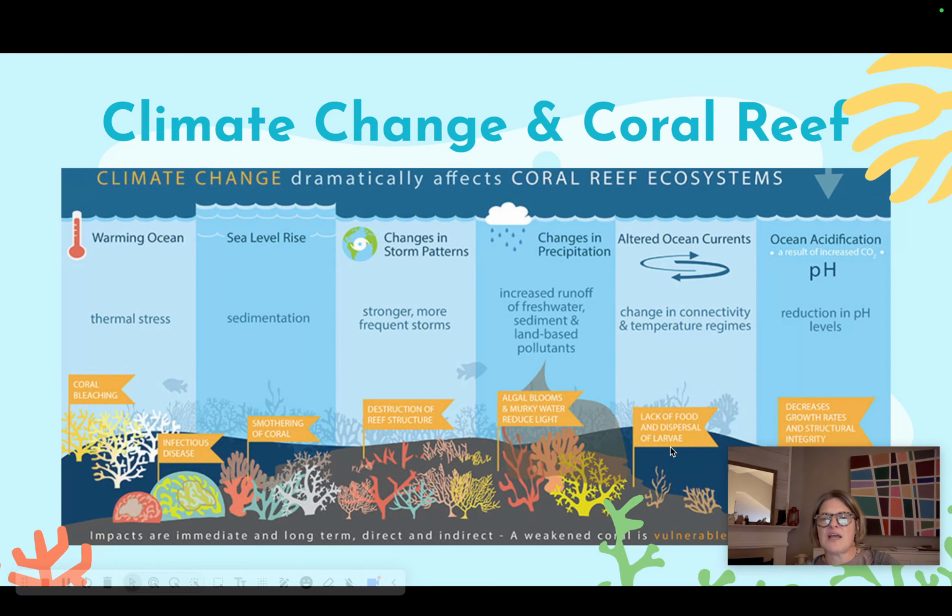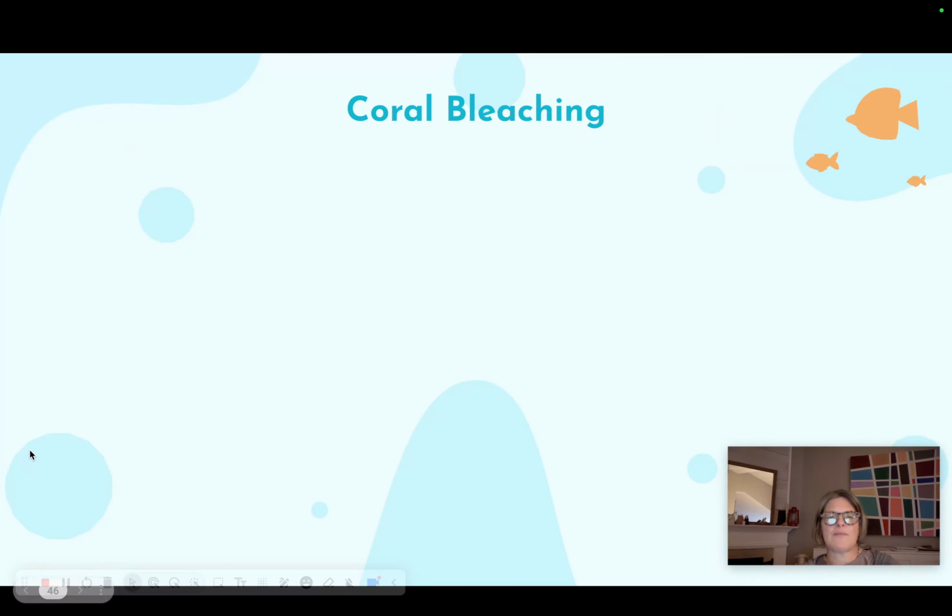Lack of food and dispersal of the larvae, and then decreasing growth rates and also the structural integrity of the coral reef system just is decreasing. So all of these things are occurring because of these different changes that are all happening because of climate change. So, and we'll talk about ocean acidification. We're even going to do a lab on that.